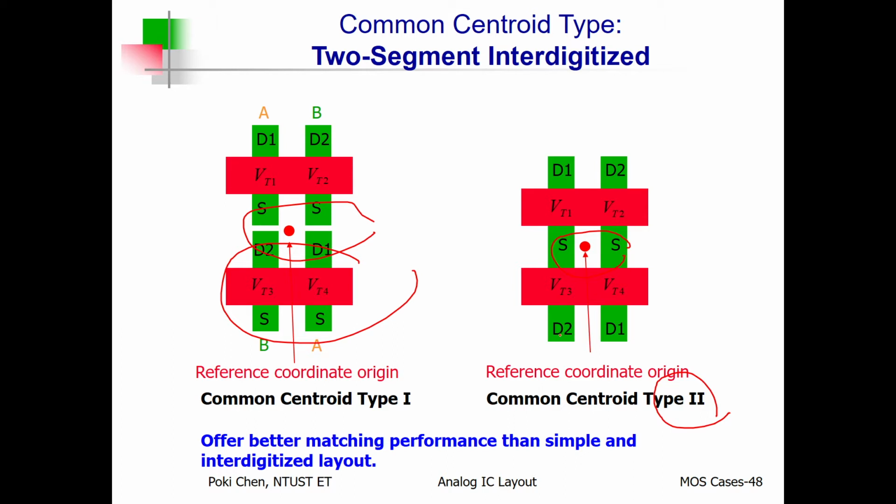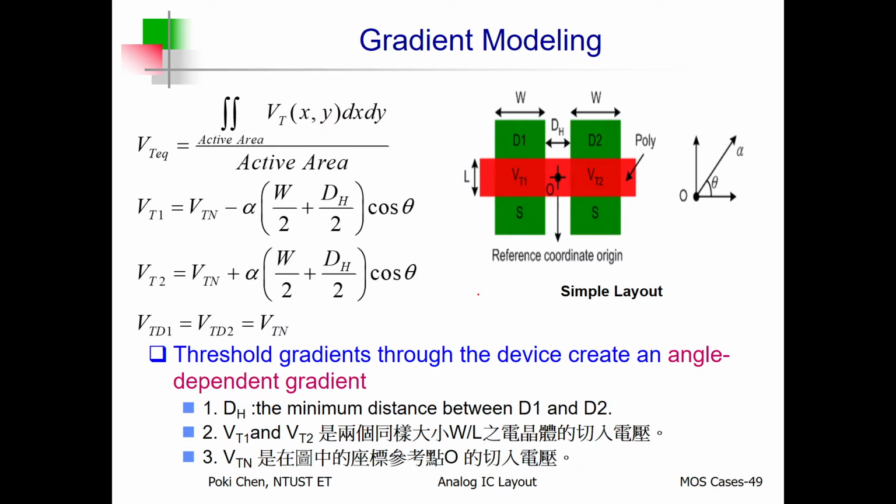It means they fit all the same layout rules for common centroid, but type 2 has better compactness. So after fabrication, the performance for common centroid type 2 should be a little bit better than type 1 because, again, it has better compactness.